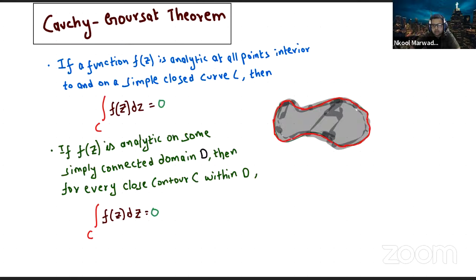This is any random region. The region which I have highlighted is a connected domain D.